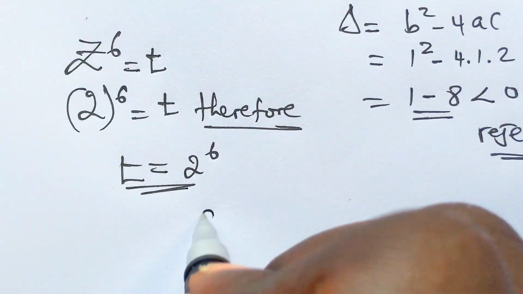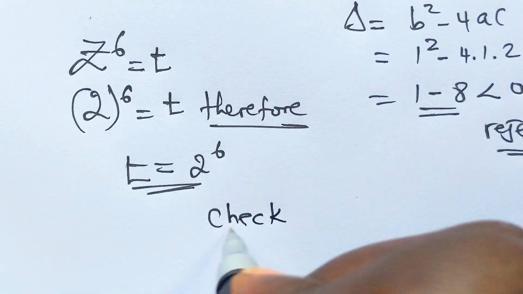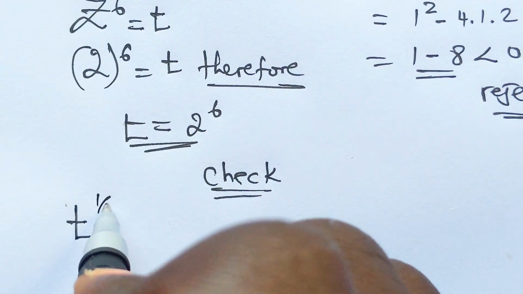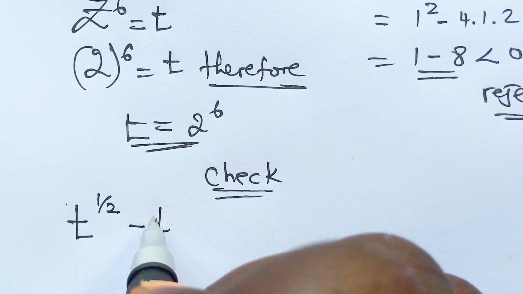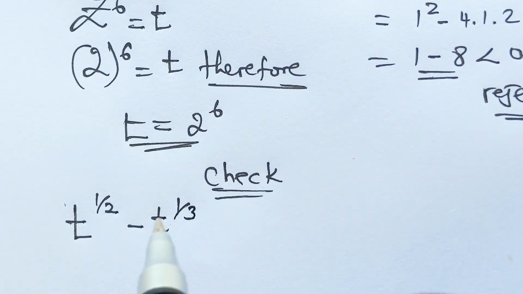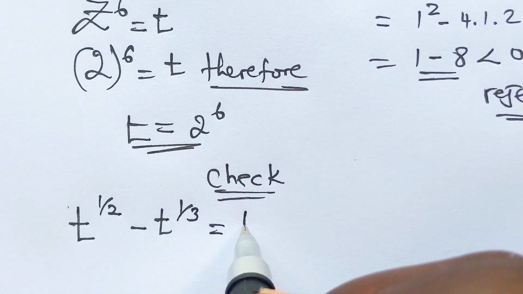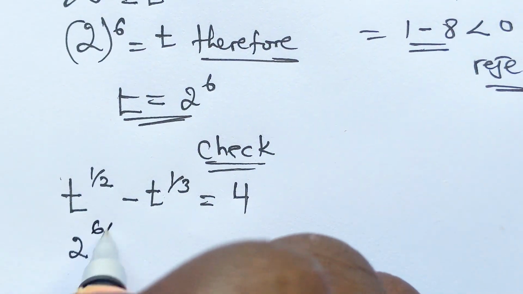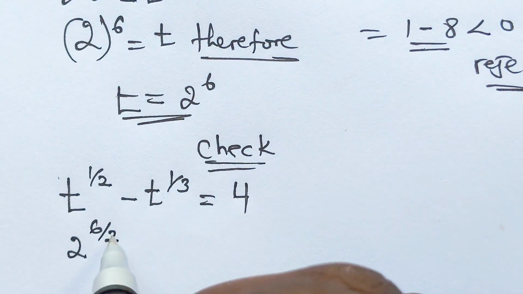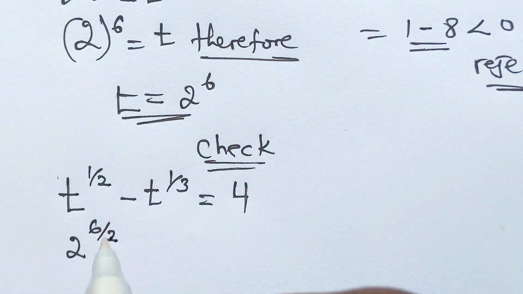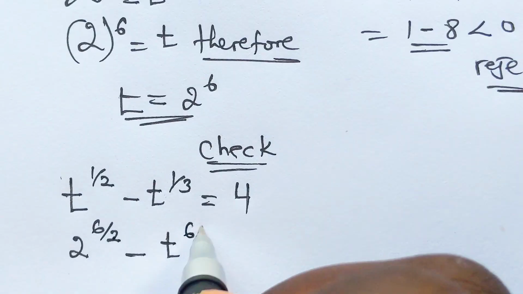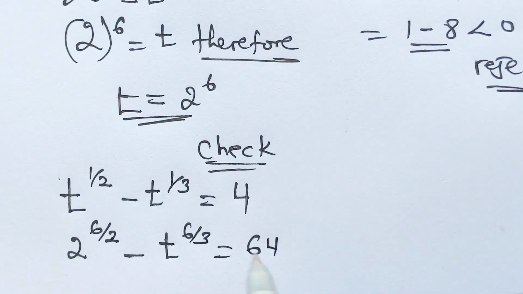Then here we can check if the answer is correct, because we have t to the power 1/2 minus t to the power 1/3, which is equal to 4, and we have 2 to the power 6 over 2 minus 2 to the power 6 over 3, with t equal to 64.